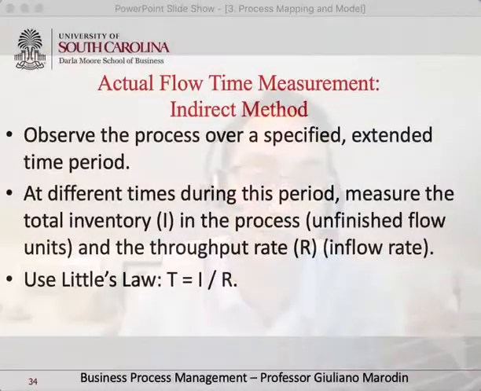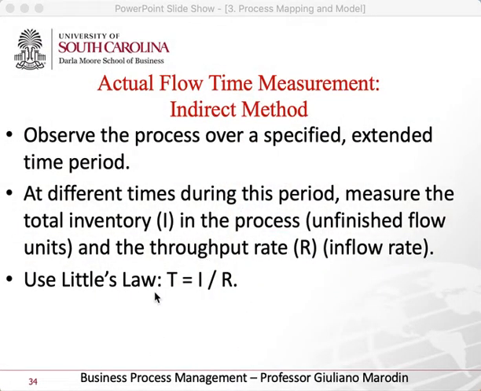So maybe you had in previous operations management core courses talking about waiting lines. That's the basic concept of waiting lines, right? So you have your inventory, you have your inflow, and then you can calculate how long on average those products are going to stay there, right?